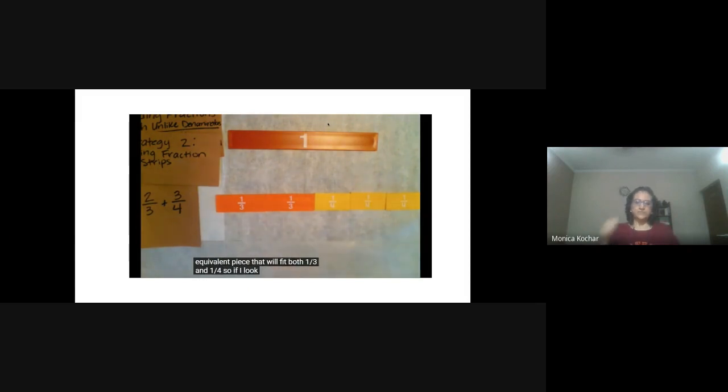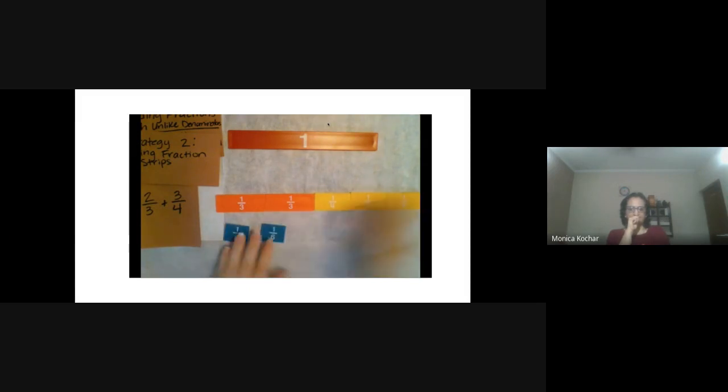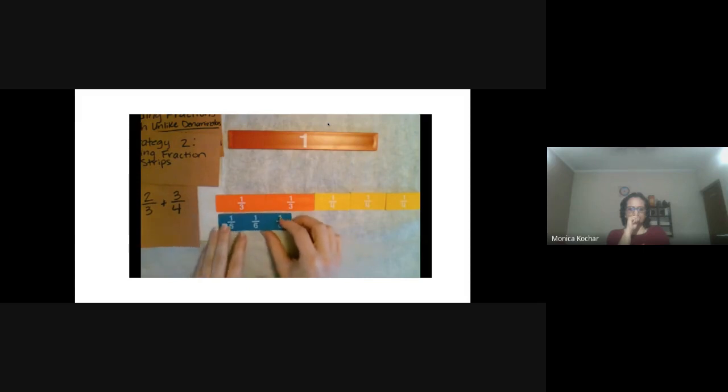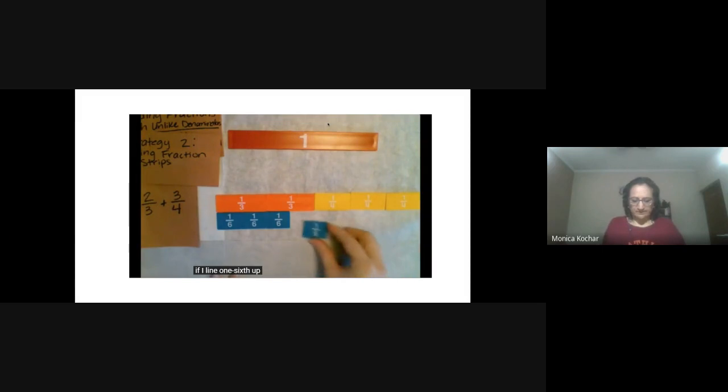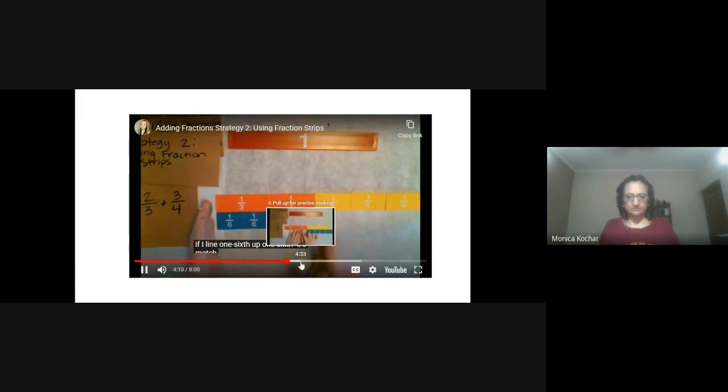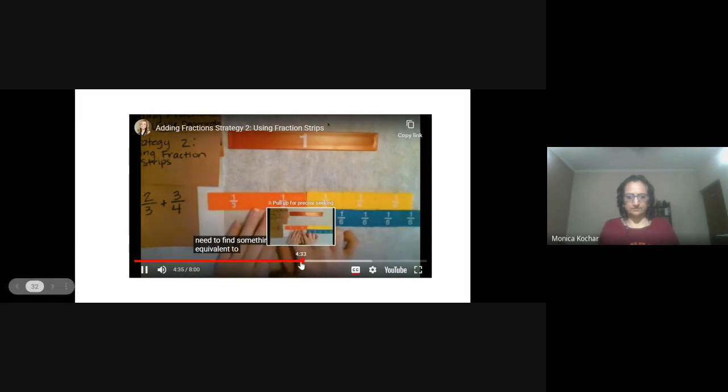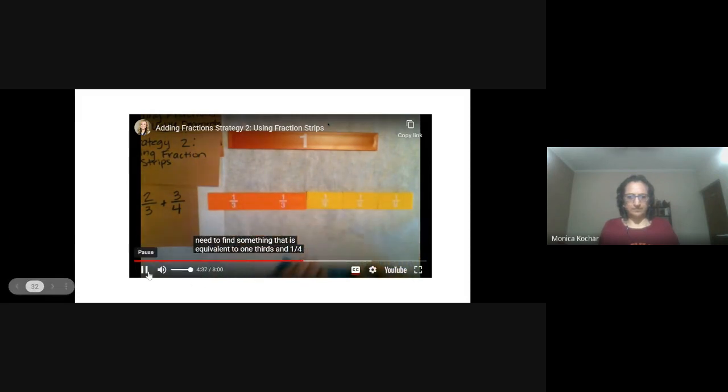So if I look at 1/6, for example, and if I line 1/6 up, find something that is equivalent to 1/3 and 1/4.